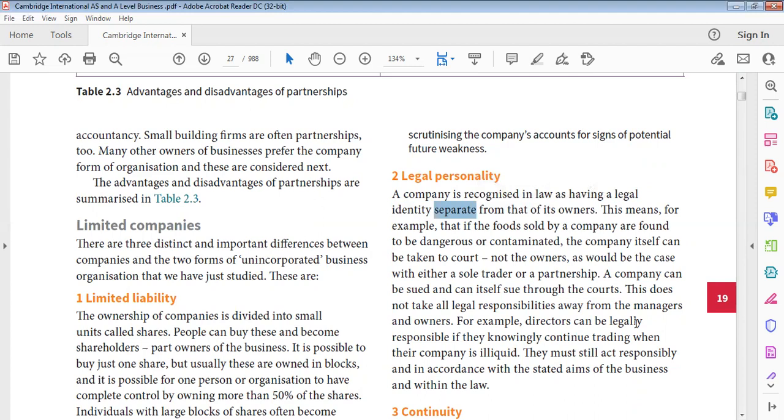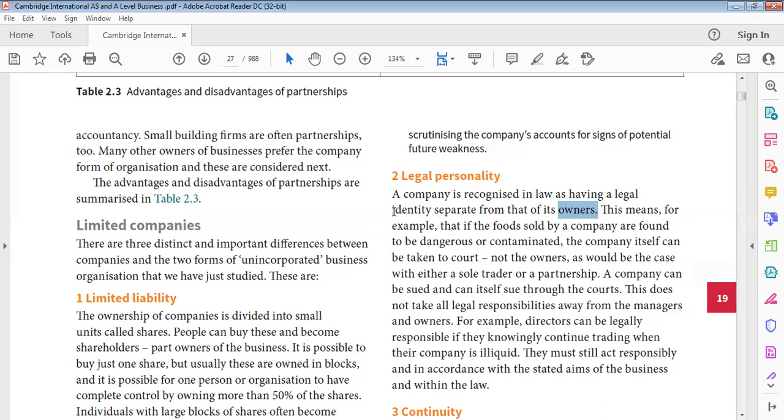It is like the business has its own life, as if the business itself is a person by itself. So that is what is called separate legal personality. Me, Arif, you and Zuckerberg are the owners, and Facebook is our company. So Facebook is at one place and we are on the other side.